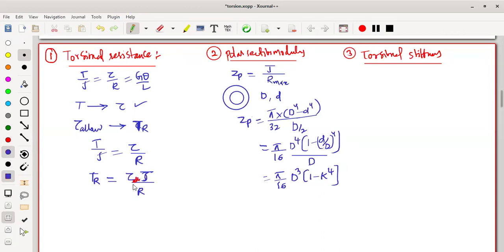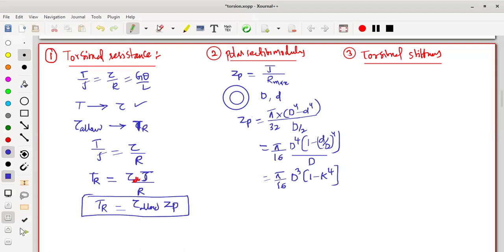So when the tau is allowable, the T is definitely resisted. T resistance is equal to tau allowable into J by R, which we already considered as ZP. So it is a relation you have to use. That is the torsional resistance.